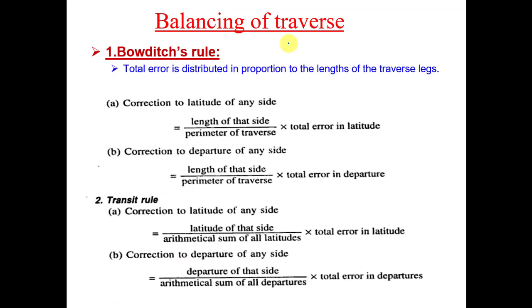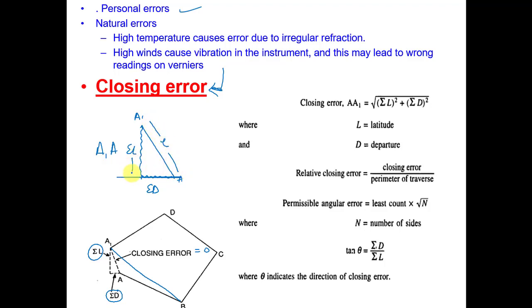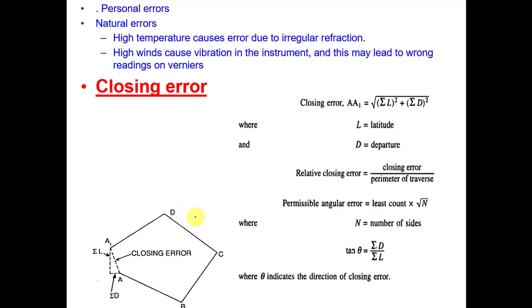For balancing the traverse, we have three main rules. The first one is the Bowditch rule. Let me clarify what we are doing on this slide. We have this much error, which is L, with a summation of latitude and a summation of departure. I am going to distribute this error so that you are able to find the summation of L equal to the summation of D equal to 0, and this small l must be 0.